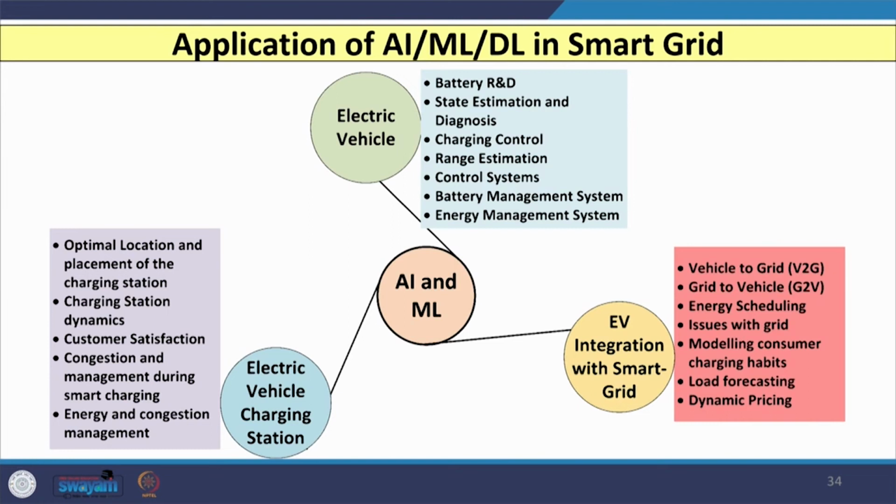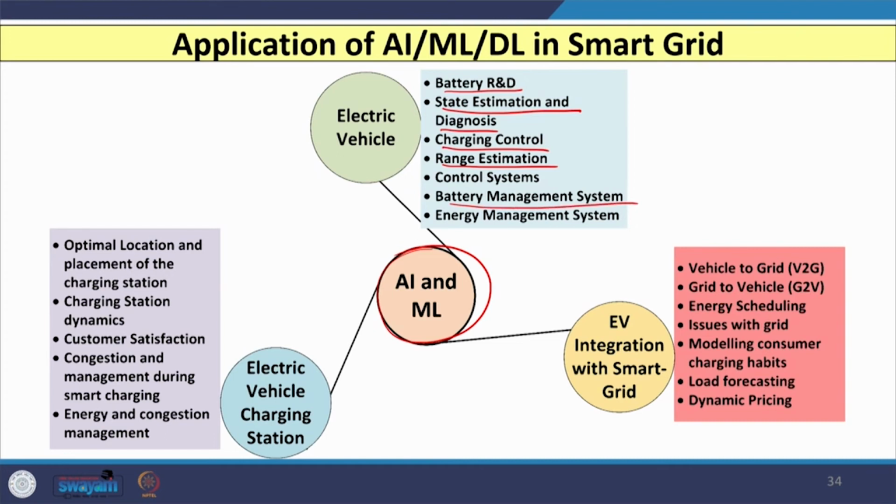For example, it can be applied for electric vehicle applications, where we need research and development for the battery of the electric vehicle. For state estimation and diagnosis purposes, we can use it in charging control, range estimation, and maybe in the battery management system or energy management system of electric vehicles.